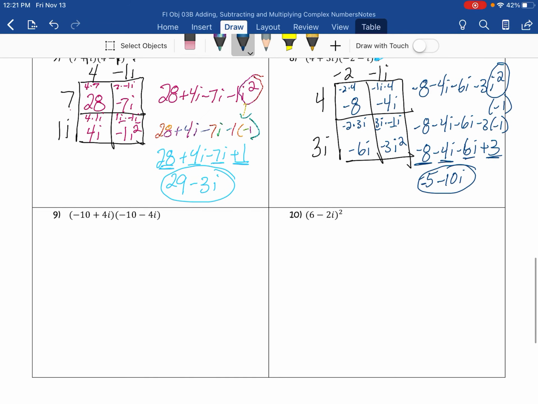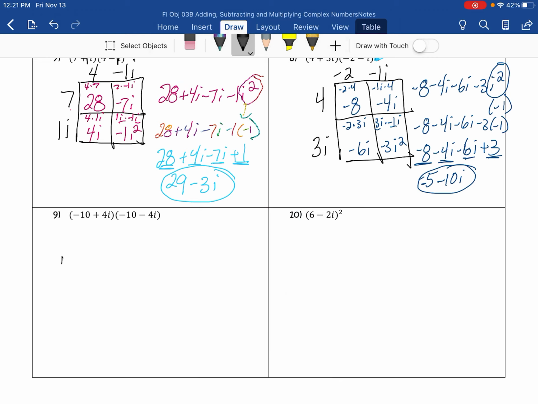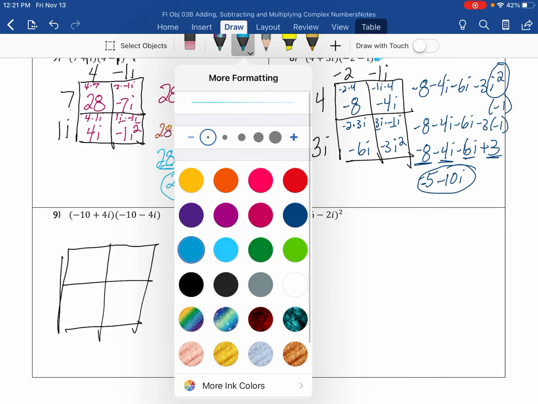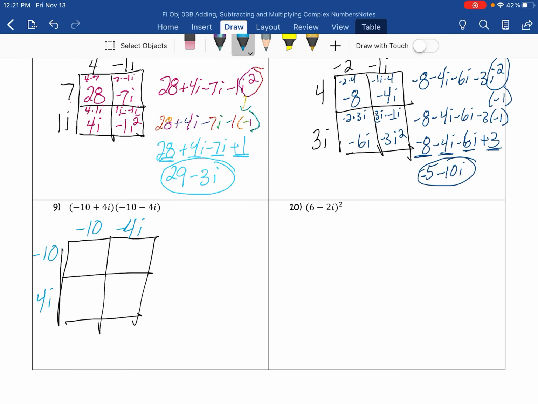All right, just 2 more, because these are kind of interesting ones. Do a box again. I have negative 10 plus 4i and negative 10 minus 4i. So this is going to be negative 10 times negative 10, which is going to be 100.